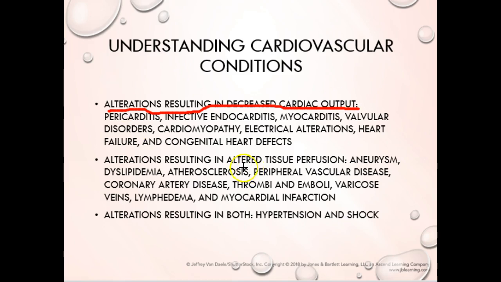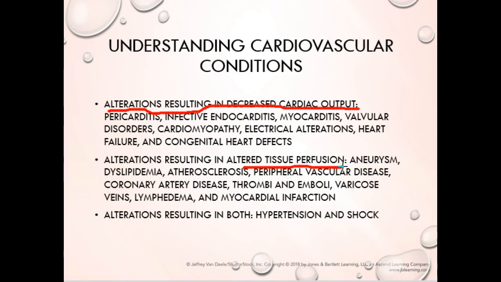Alterations resulting in altered tissue perfusion. Okay, this is the inability to push the blood out to the tissues to perfuse. I think this is a very familiar concept for you guys. Perfuse the tissues with enough fresh nutrients and oxygen to make those tissues function properly.